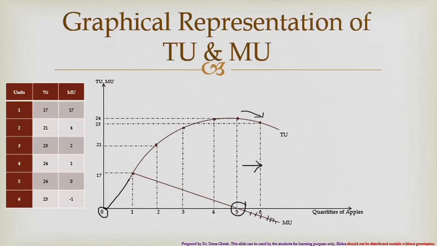What we have explained here is that the total utility initially has increased, and we can see that here too: from 1 to 4 it is continuously increasing, but the marginal utility is continuously falling. In the previous video we discussed the topic of diminishing marginal utility. There we saw that marginal utility is ever decreasing. That law is called the law of diminishing marginal utility.